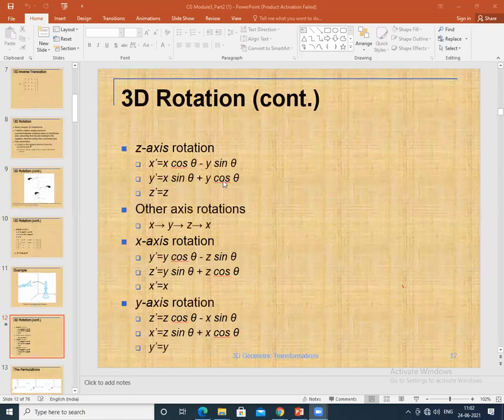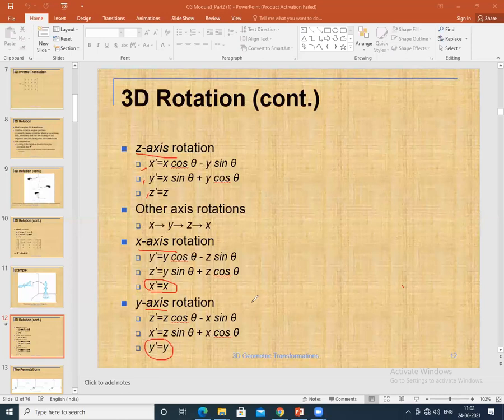Okay, the other axis rotations are x axis rotation and y axis rotation. As you have seen in z axis rotation, you write the equations for x bar, y bar, and z bar equals z. With respect to the x axis rotation, x bar always equals x. You have to write that into the equation. With respect to the y axis rotation, y bar equals y.